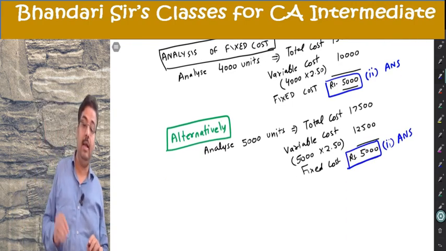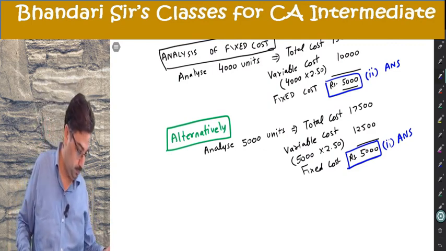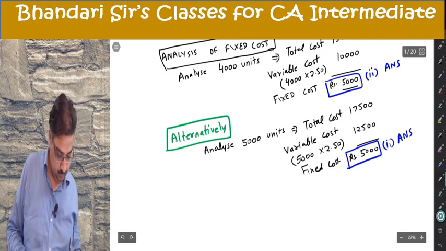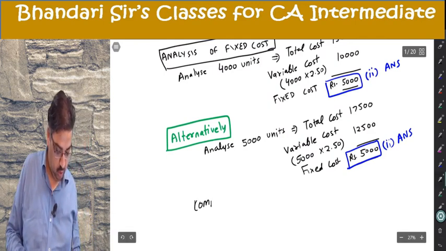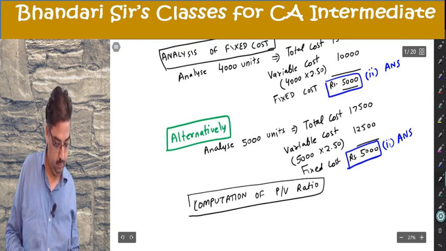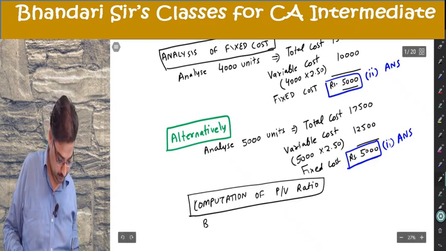Now I need to analyze the third part. The third part wants me to calculate PV ratio. So what I do? Computation of PV ratio. You are given break-even point in units.